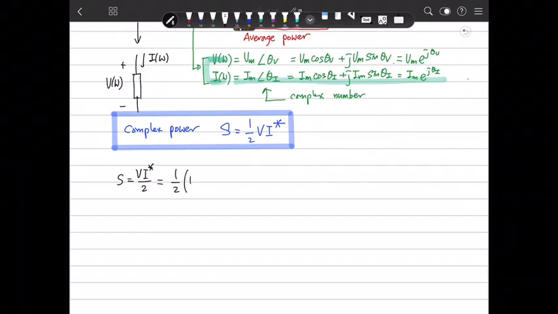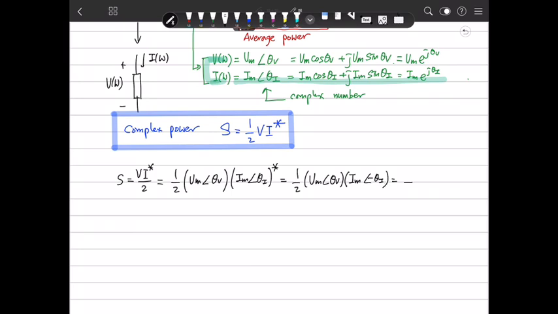That is Vm angle theta V times the conjugate of Im angle theta I, so that will be Vm angle theta V and Im angle minus theta I. So it will be half of the product of the magnitudes of voltage and current, and the phase angle is theta V minus theta I.